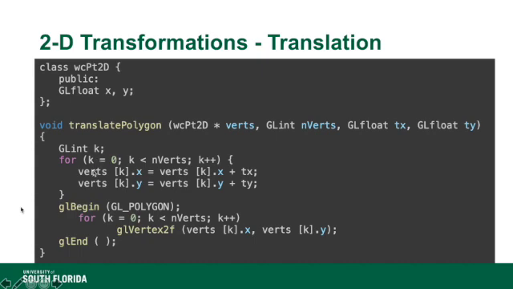The logic of this operation iterates over each vertex and generates a new set of vertices by adding the translation shift to each of their coordinates. After having the new set of coordinates, the polygon is regenerated.